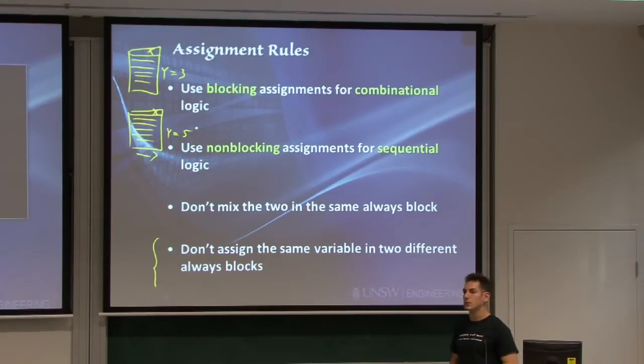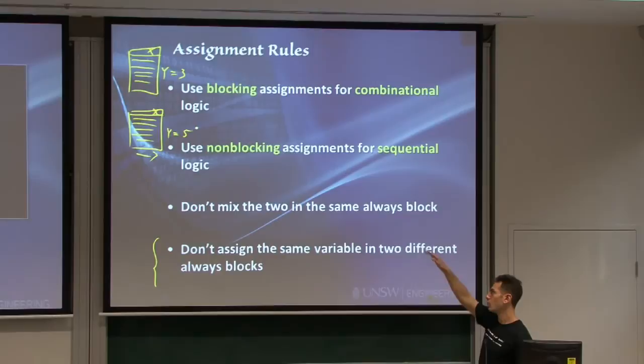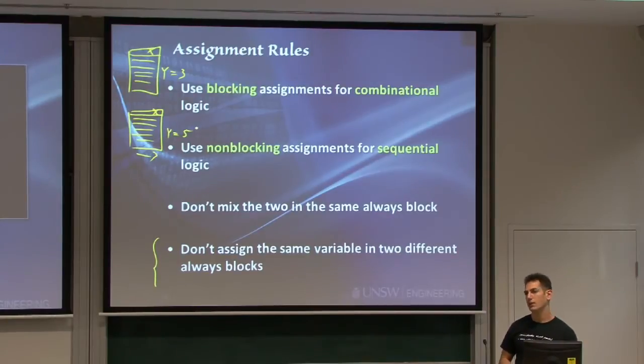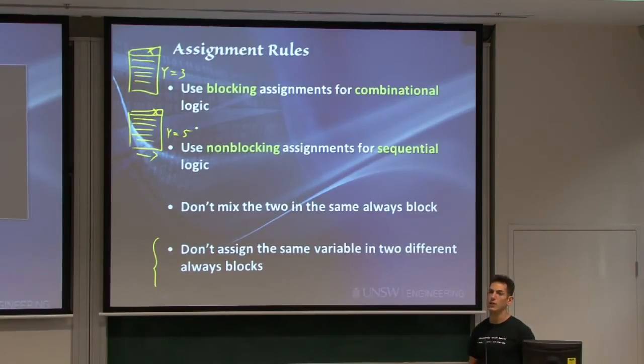But you can't be sure because you don't know how fast those things run. You don't know how they're being implemented, and therefore you should never do it. You should never rely on the fact that this block up there has so many more lines, and that the y assignment is towards the end, where this one has only one line, and therefore this one will run quicker. Don't make those assumptions. In fact, the compiler will usually warn you, if not completely refuse to compile your code. Xilinx, for example, will completely refuse to compile it, and as far as I know, there's no way to override it. It will just say, no, you're trying.